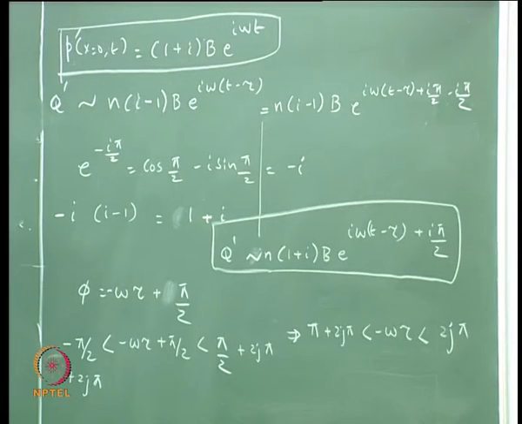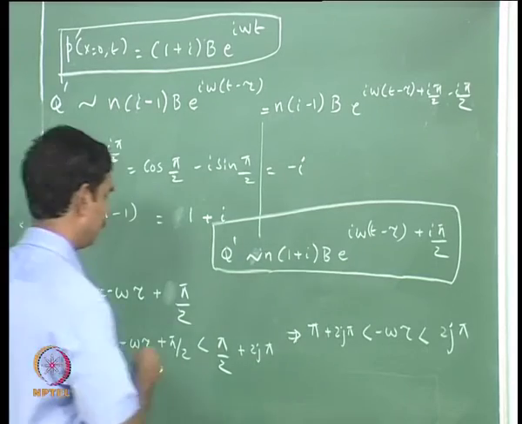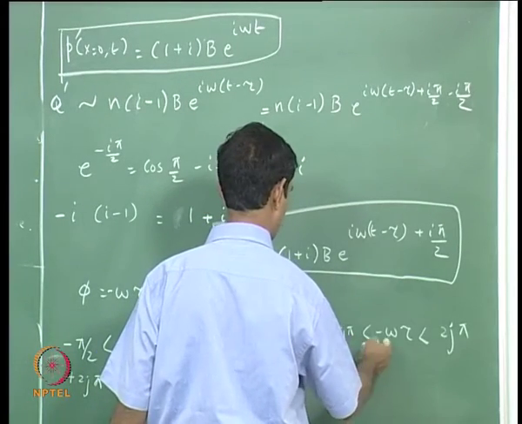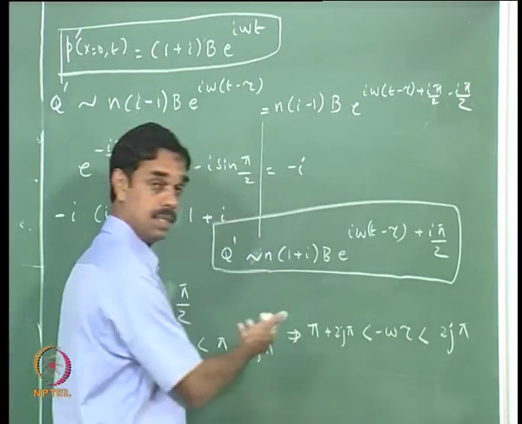Is this okay? So if I multiply by minus 1, the signs will swap.